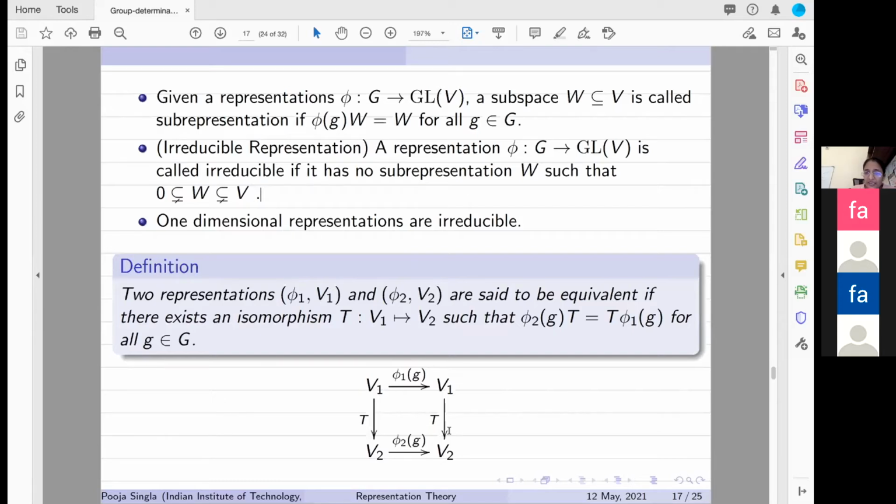Right? So T phi1(g) is equal to phi2(g) T.